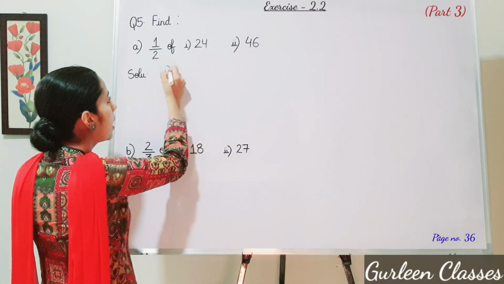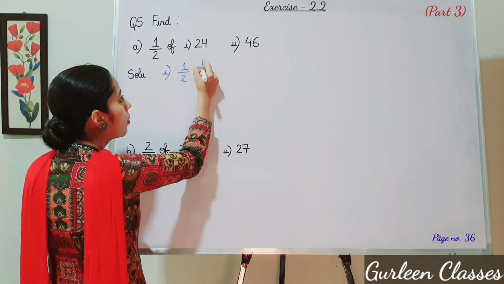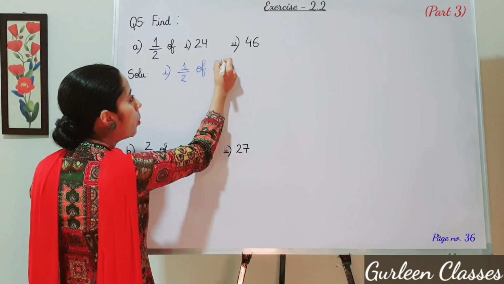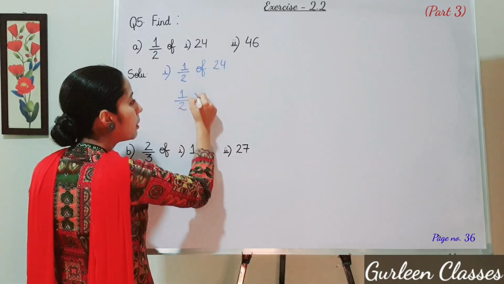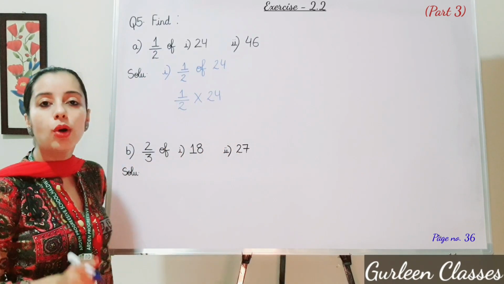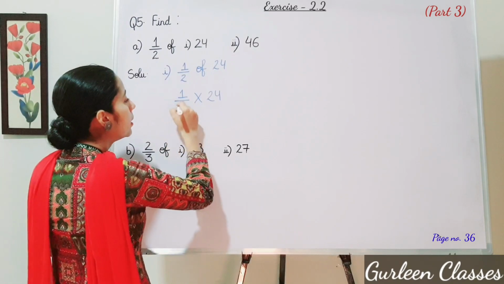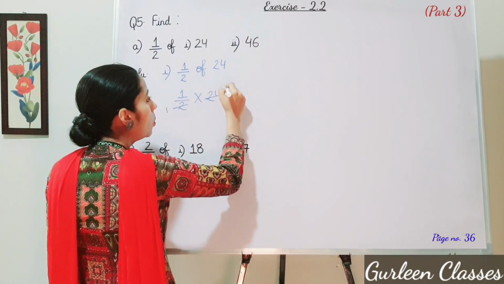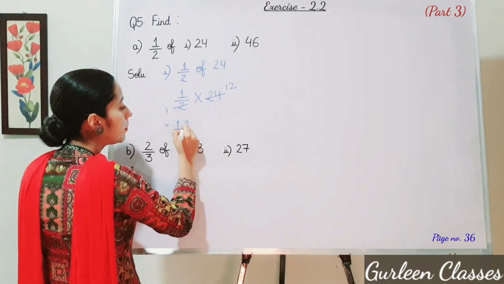Right here, first part, 1 upon 2 of 24. So 1 upon 2 of means multiply 24. So numerator is 24, denominator is 2. 24 divided by 2, 12. 2 ones are 2, 2 12s are 24. 1 into 12, answer is 12.